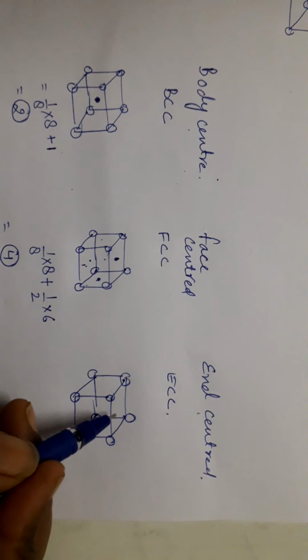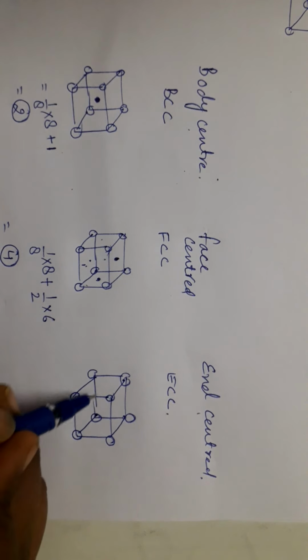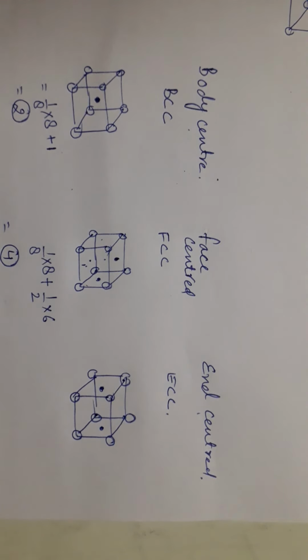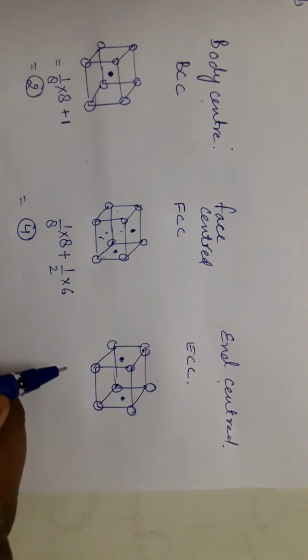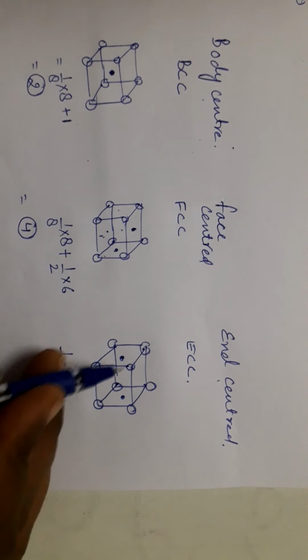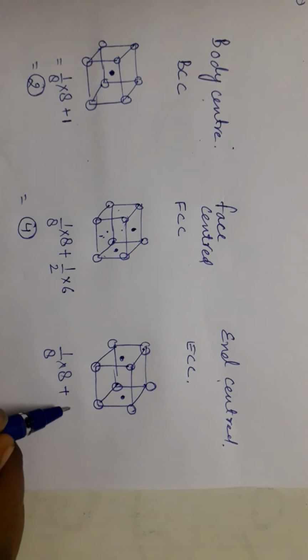I am taking the example of the front and back side. So the 2 atoms are present at opposite sides. So how do we calculate the contribution? It is 1/8 into 8 for the corners, and the 2 atoms present at the faces.